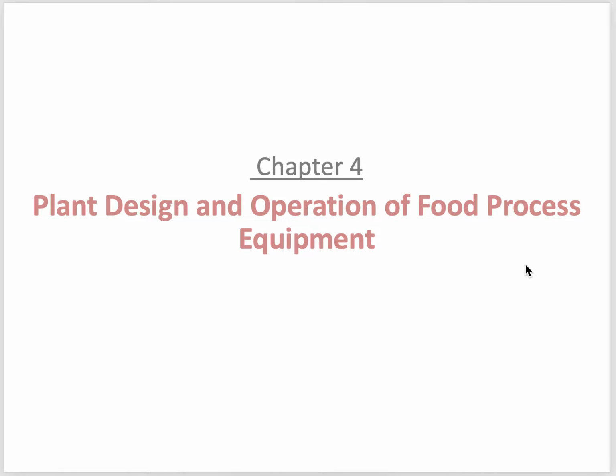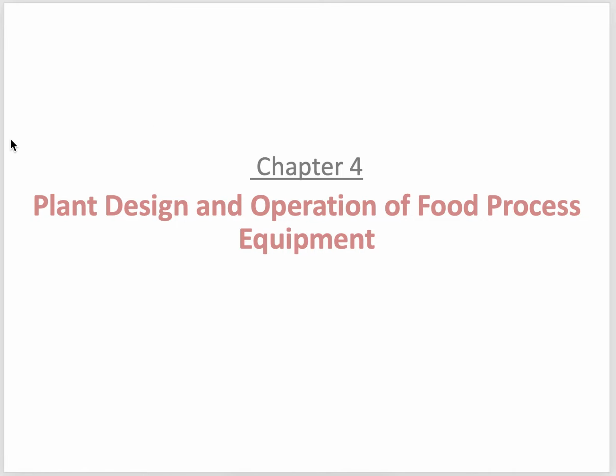I'll talk about those, and also give you a brief idea about the equipment used in the food processing plant. Also, some characteristics of the designs, like what should be the characteristics of the interior and exterior of the plants, etc.